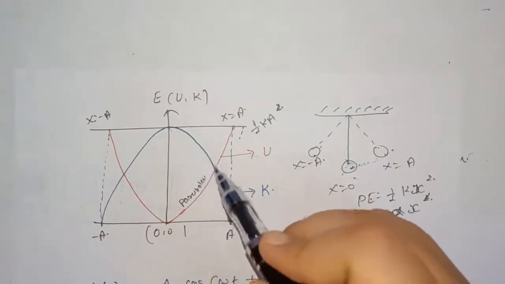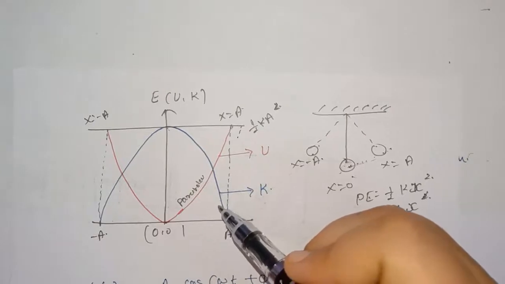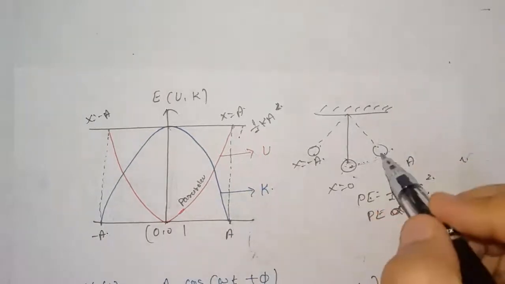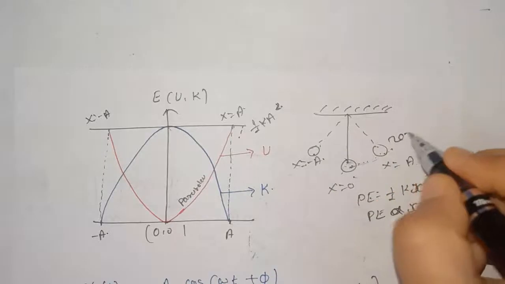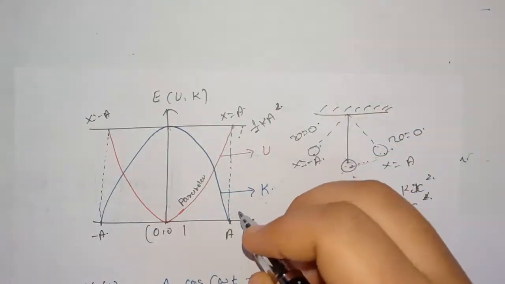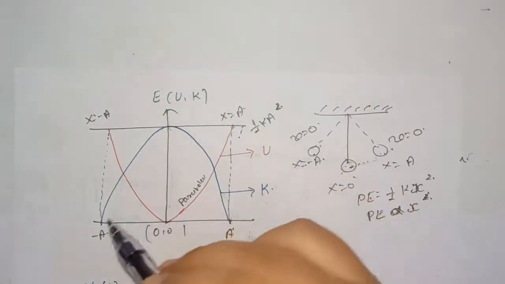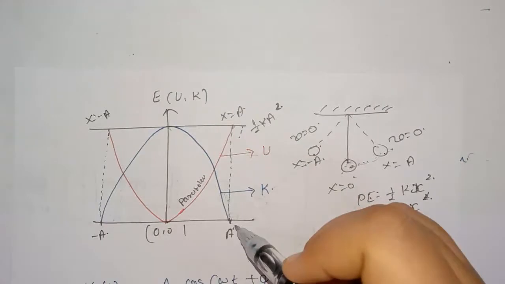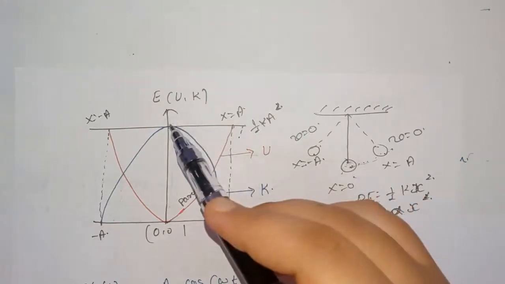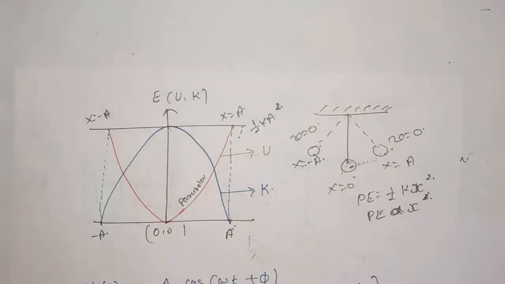So kinetic energy is decreasing, again in a parabolic manner. At x equals a and minus a, the velocity is 0. At extreme position, as velocity is 0, kinetic energy will also be 0. So kinetic energy will be 0 at extreme position and potential energy will be 0 at mean position.